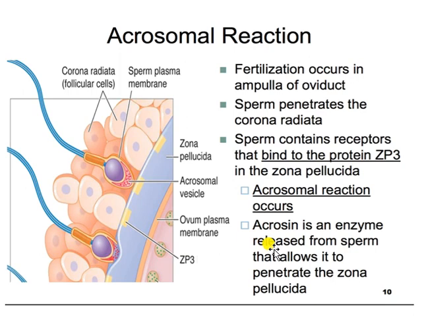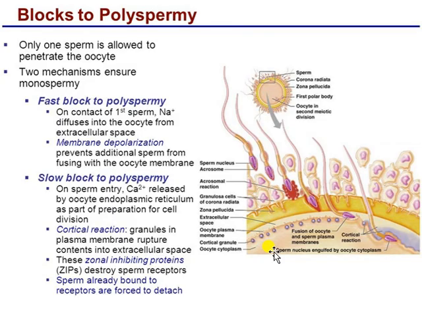Going to the next step of fertilization, and that is blocks to polyspermy, block of polyspermy. What is the block of polyspermy? It means when one sperm is trying to perform the acrosomal reaction and degrade the corona radiata as well as the zona pellucida membrane, several other sperms are also performing the same function.